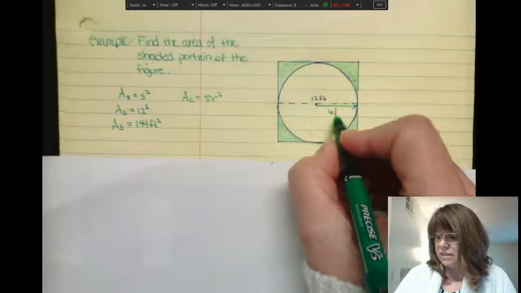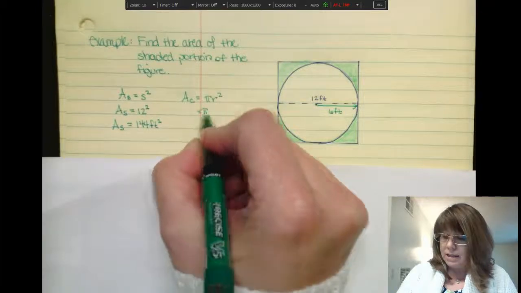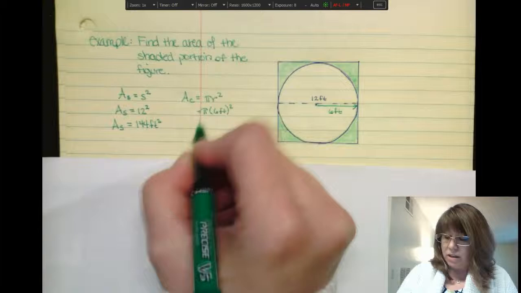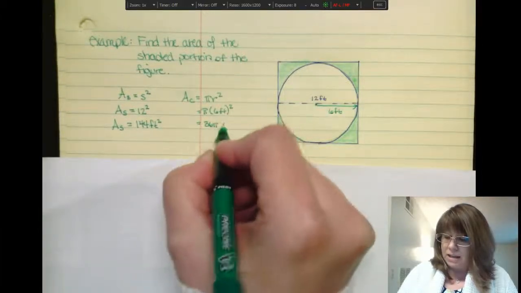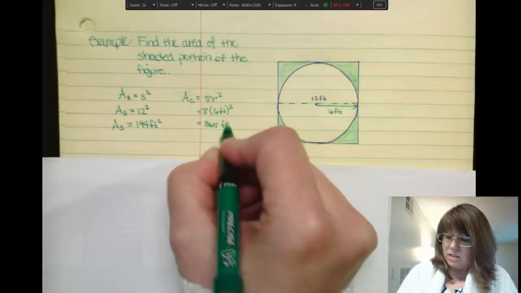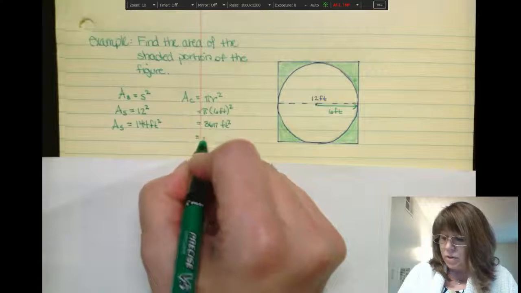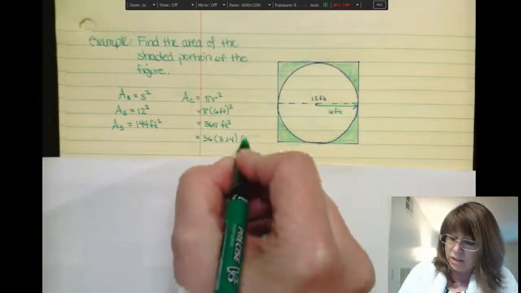Is 6 feet. So my radius, it's going to be pi times 6 feet squared, which would give me 36 pi feet squared. I'm going to approximate pi to be 3.14. So 36 times 3.14 feet squared.